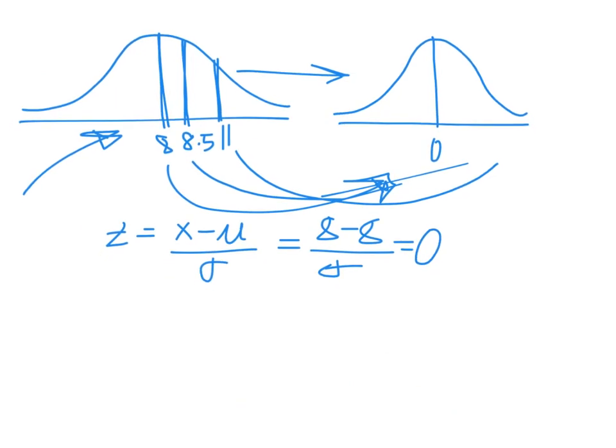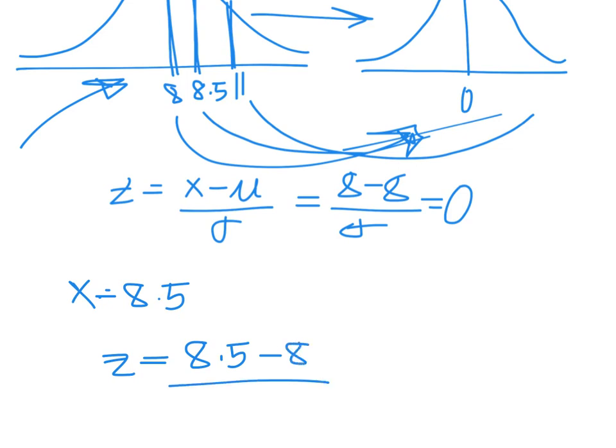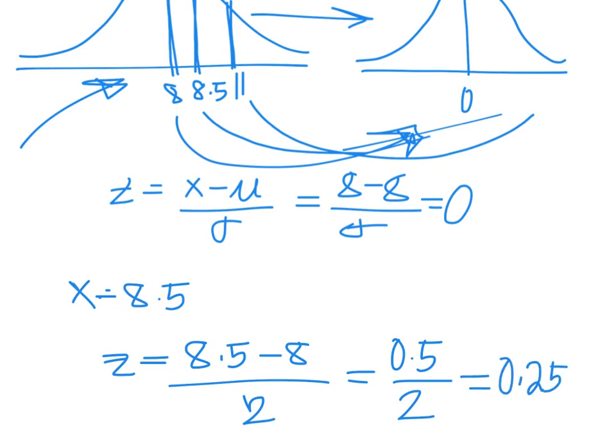So we will just repeat the process. First, considering x equals 8.5, z is equal to 8.5 minus the mu, which is 8, divided by the standard deviation, which is 2. This is 0.5 divided by 2, which is 0.25.